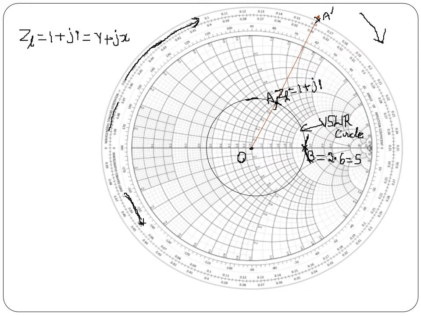In this problem, from the load end, I have to travel towards the generator along this outer circle to read the first Vmax and first Vminimum value.